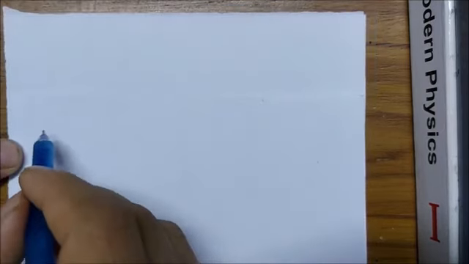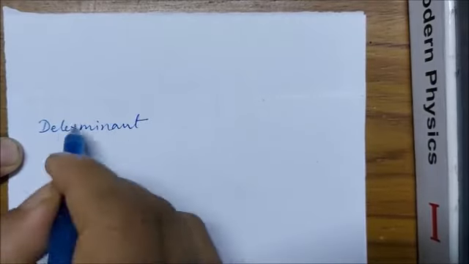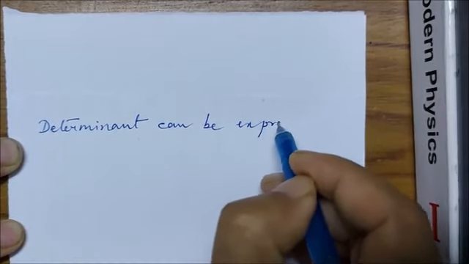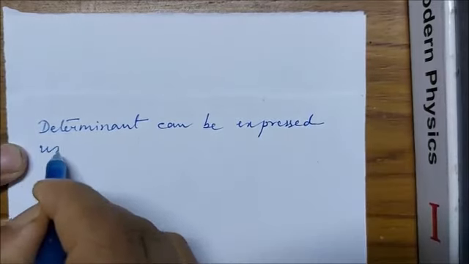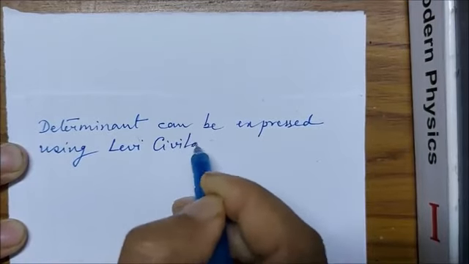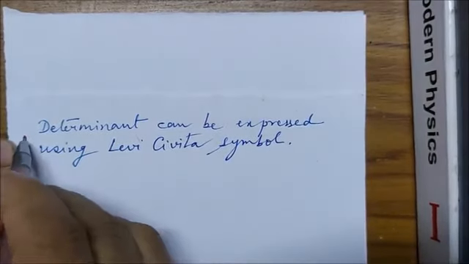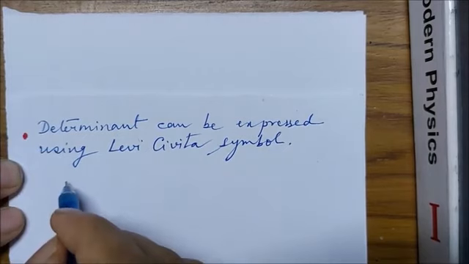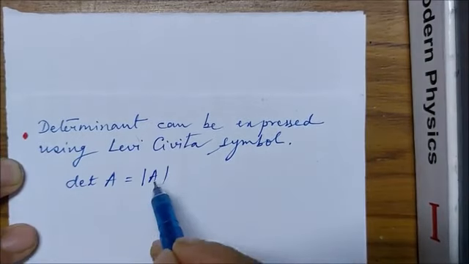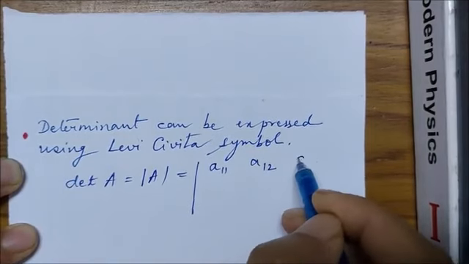With the help of Levi Civita symbol, determinant can be expressed, and this is as follows. For instance, determinant of A written in this way, and the determinant is A11, A12, A13.